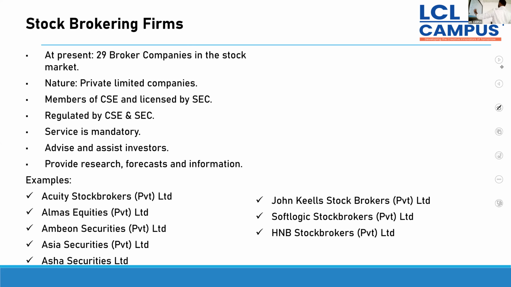There are 29, but I have included only 5 or 8. If you search stock brokering firms in Google, it will direct you to the CSE website, and from there you can identify the stockbrokers. So equity stockbrokers: Asia Securities, John Keells, SoftLogic and HNB.